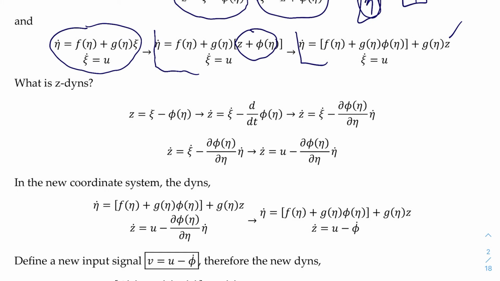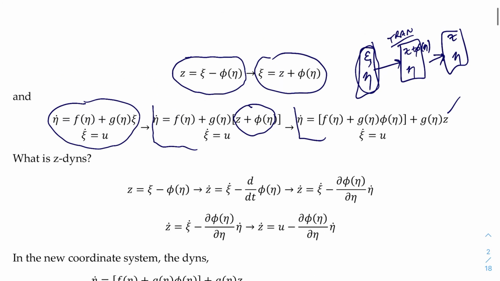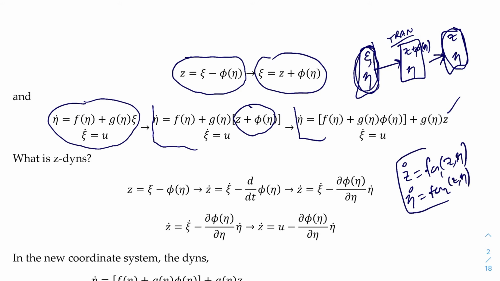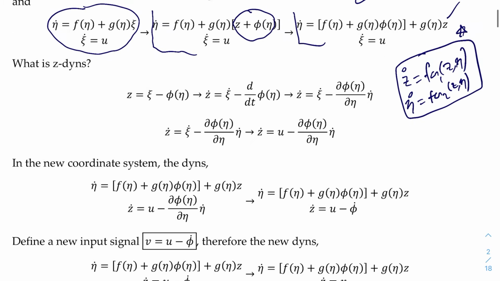And the problem is, what is the z dynamics? Because we had xi and eta, we are constructing a transformation by which we will have z and eta, meaning we will have z dot equals some function, and eta dot equals again some function, maybe function 1 and function 2. We are trying to obtain this. So how would you obtain that?